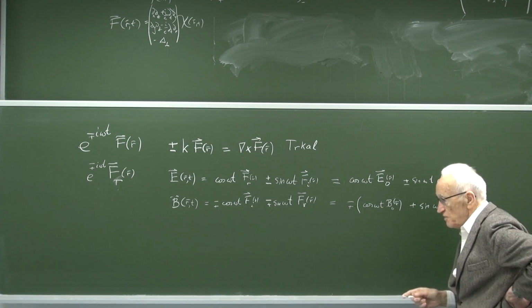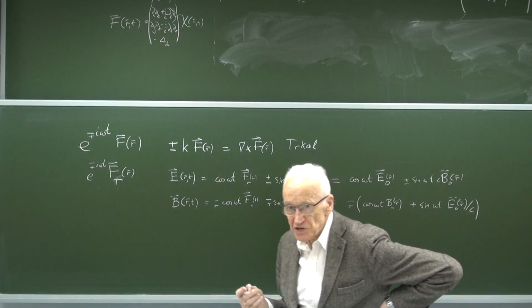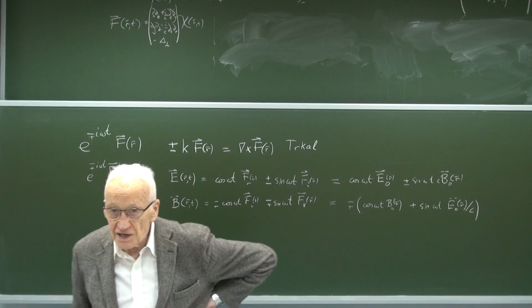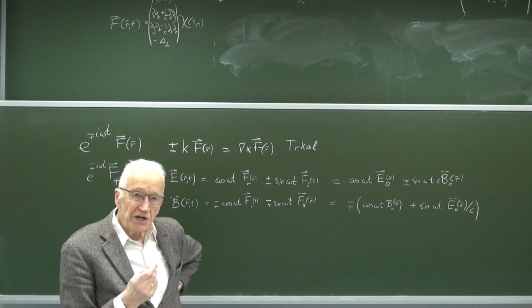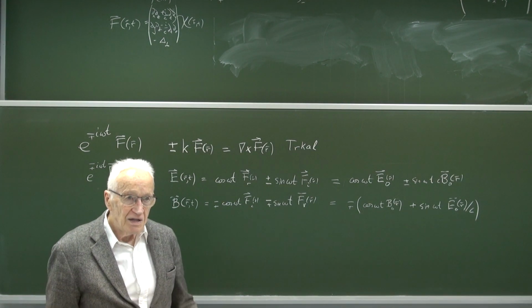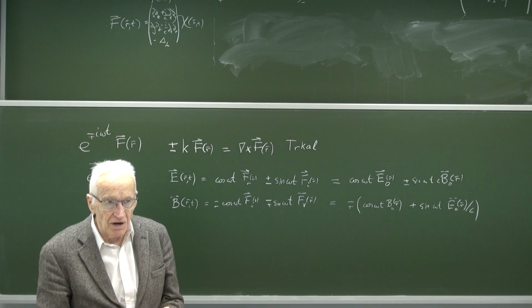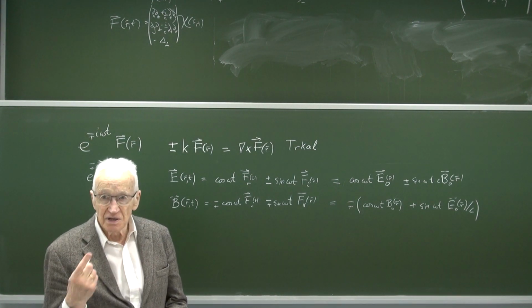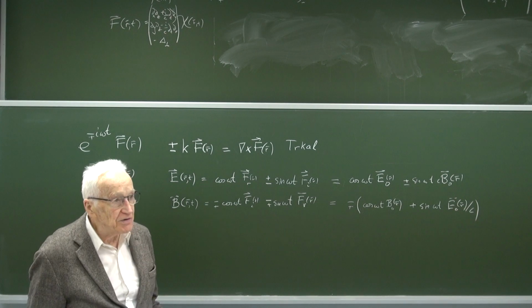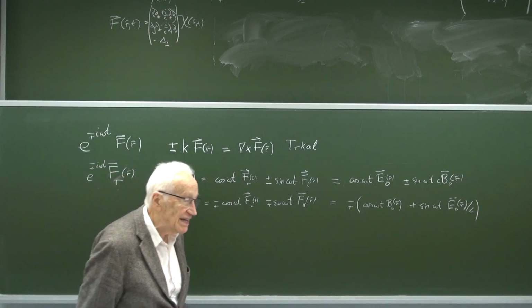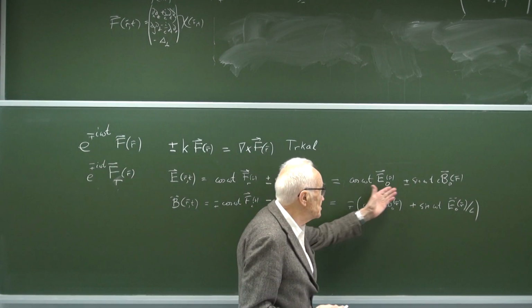What is the physical meaning of these expressions that I obtained? At each point, the electric vector and the magnetic vector trace an ellipse, because that is a parametric representation in analytic geometry of an ellipse.